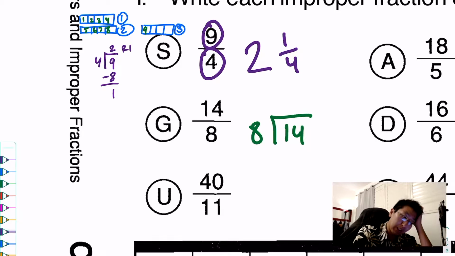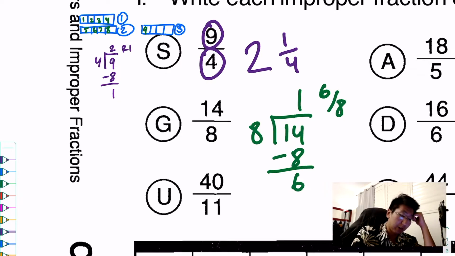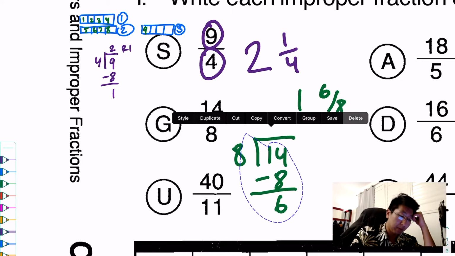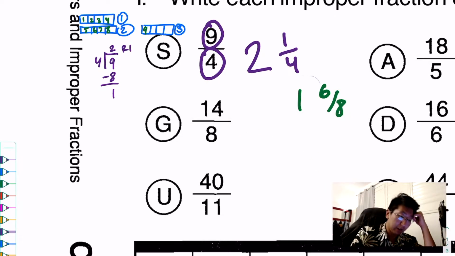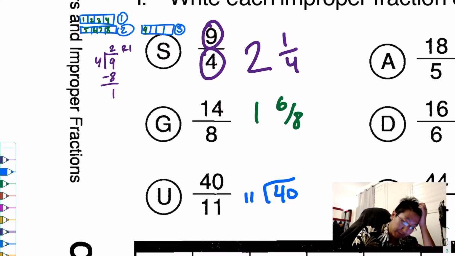So when we take 8 and go into 14, we could do that one time, subtract 8, and we end up with 6. And so our remainder is 6, so 6 out of 8. And that's our final answer, 1 and 6/8. All right. I'll do one last one. 40 divided by 11.